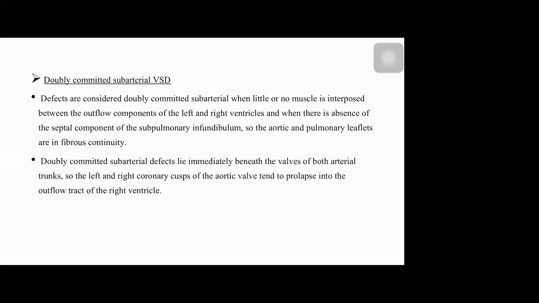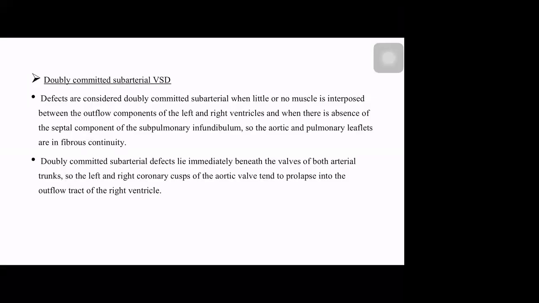What is doubly committed subarterial VSD? These are the defects considered as doubly committed subarterial VSD when little or no muscle is interposed between the outflow components of both the left and right ventricle, and when there is absence of the septal component of the subpulmonary infundibulum.